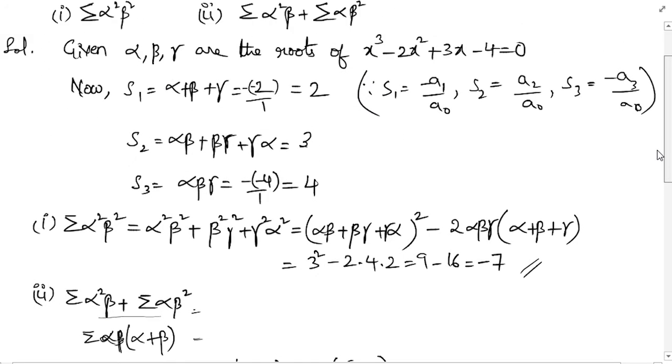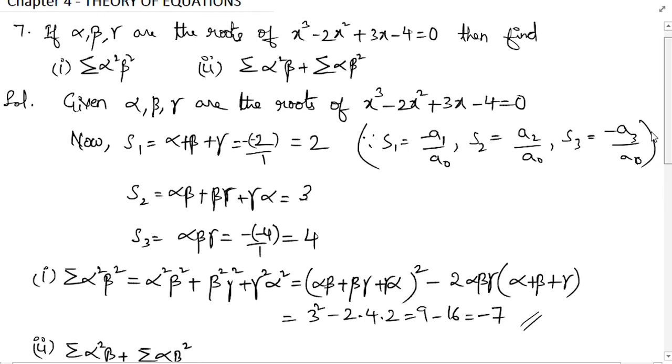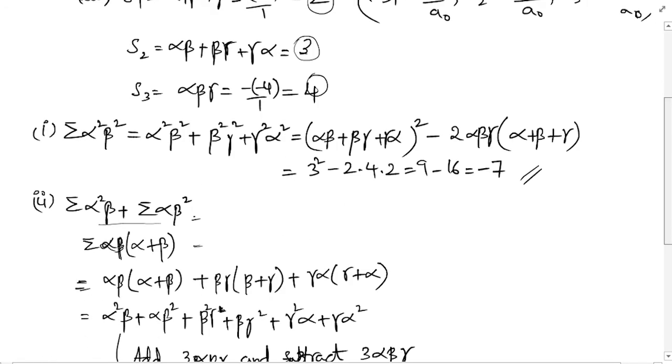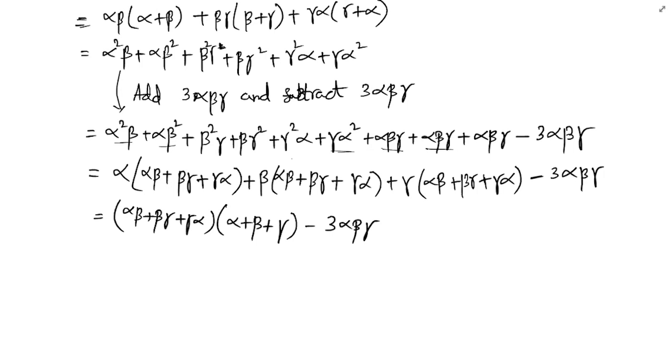From the first bit we know that alpha plus beta plus gamma is equal to 2, and alpha beta gamma is equal to 4, and S2 is equal to 3. So we will insert these values in our second bit.